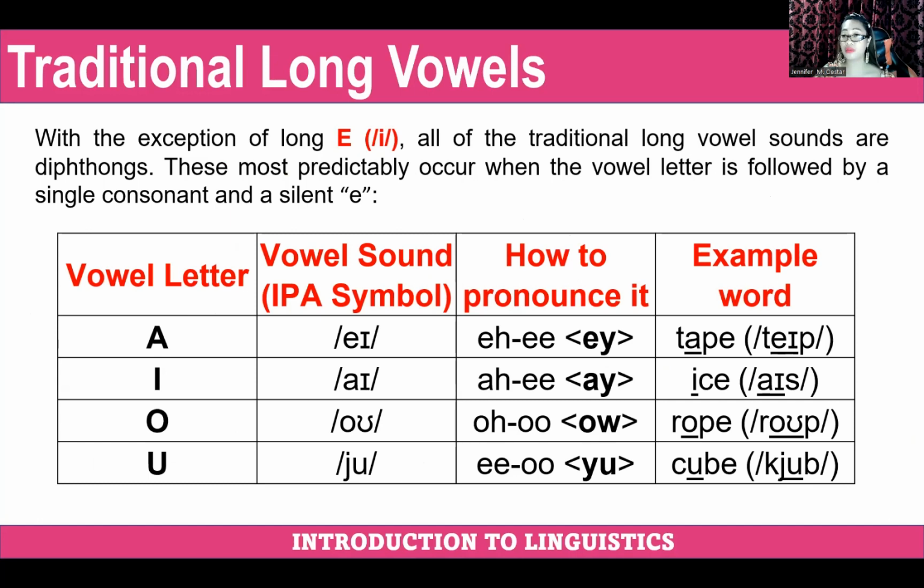So now, let's have the continuation. The examples would be projected here. With the exception of the long E, all the traditional long vowel sounds are diphthongs. This most predictably occurs when the vowel letter is followed by a single consonant and a silent E. So here, the A, E, O, U. Because we have the exception of the long E, you know that the long E is a monophthong, and the remaining traditional long vowels are diphthongs already.